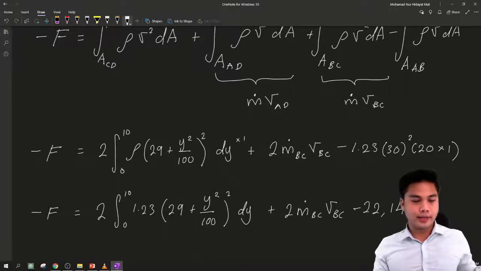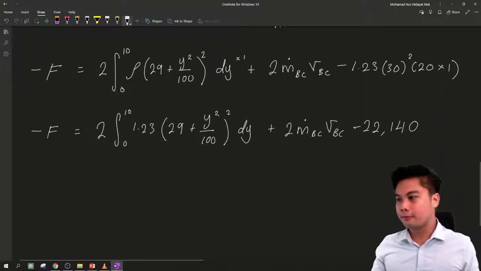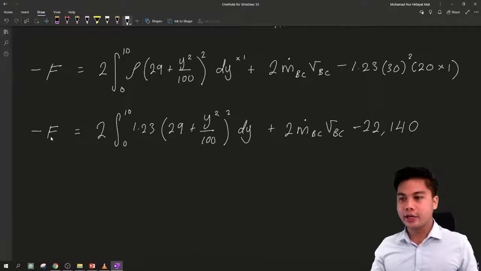22140. So we notice that in this equation, how many unknowns do we have? We have the force, which we are going to get at the end of this question, and we have velocity BC given, which is 30, we can replace, but only this term, the mass flow rate of BC.